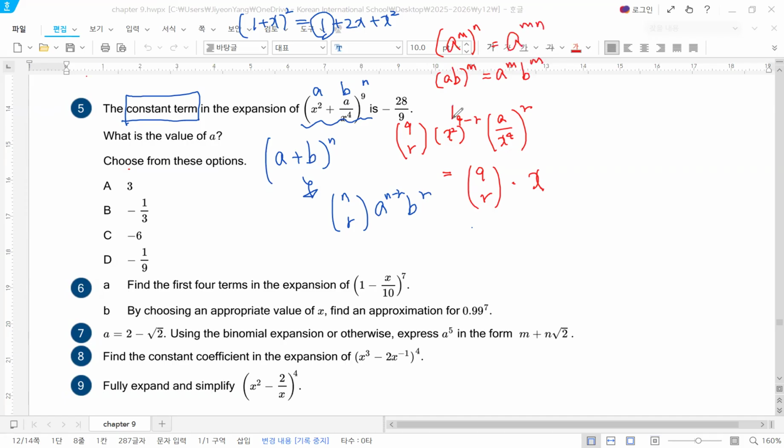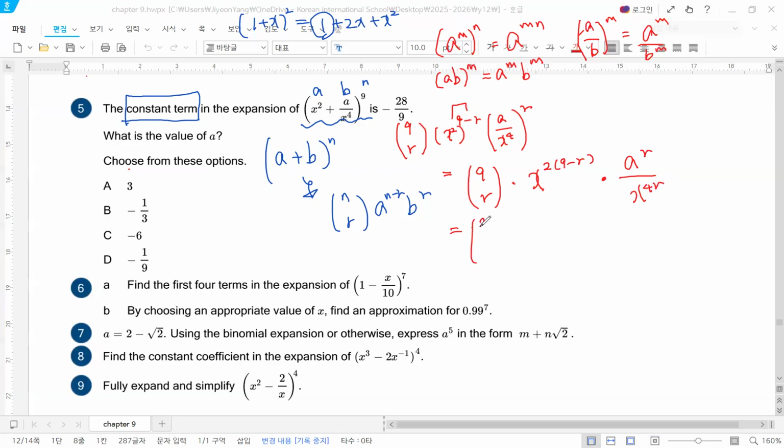So you need to multiply out these two numbers, which is 2 times 9 minus r. Here, this one is a fraction form. So (a over b) to the power of m equals a to the power of m divided by b to the power of m. So in this case, a to the power of r divided by x to the power of 4r first.